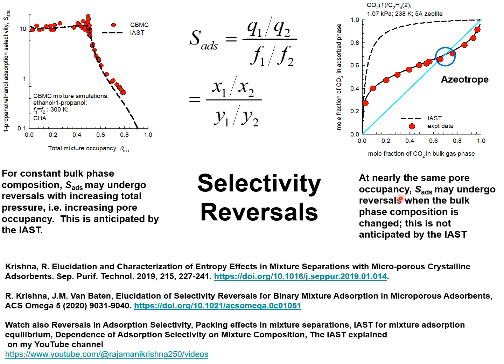So selectivity reversals are also possible by changing the bulk gas phase mixture composition at constant pore occupancy or nearly constant pore occupancy. Such reversals in selectivity are not anticipated by the IAST.